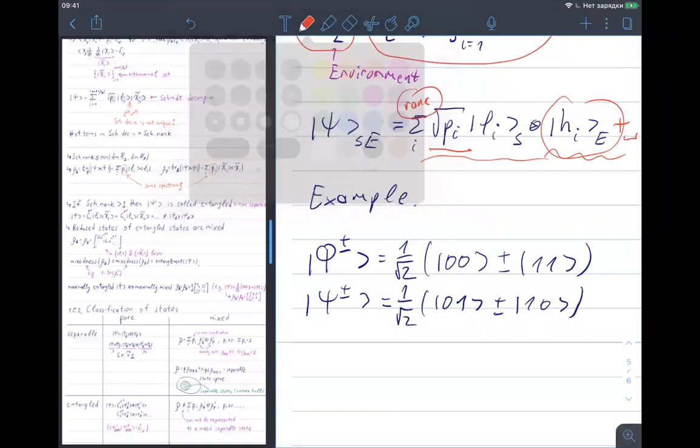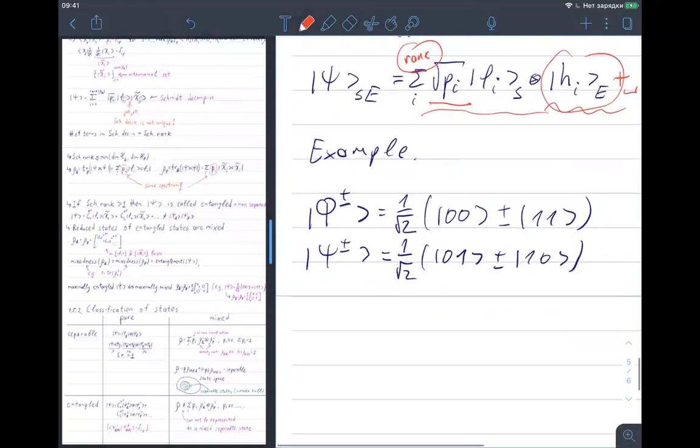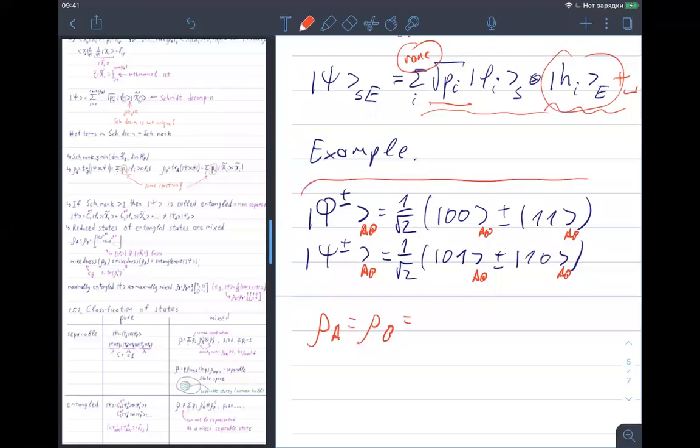And for each of these states, I have my rho A equal to rho B. A and B are just labels of my qubits. What will be the reduced state of my qubits? So I take the state of the whole system.